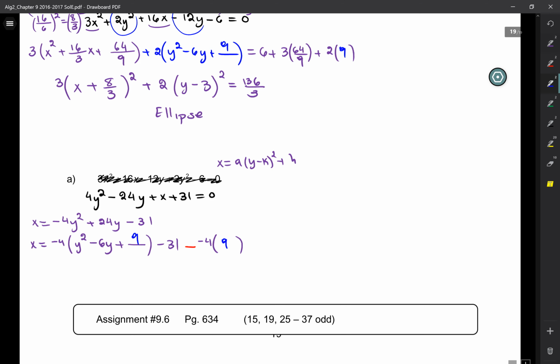9. So this is going to be x equals negative 4 times (y minus 3) squared, and all that mess will turn into a 5. And this is a parabola.